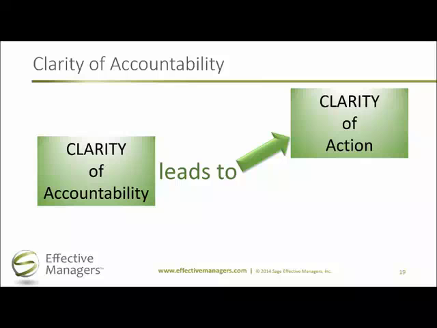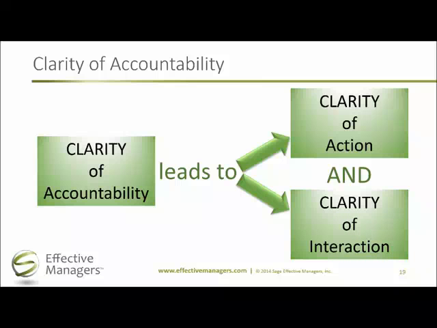And the importance of this is that clarity of accountability will lead to clarity of action. If I as a manager am clear about my accountability, I am then able to delegate work clearly. So work will flow down the organization in a clear way, and everyone will understand their accountability and how it relates back to their manager's work, and all the way back to the strategic plan of the organization.